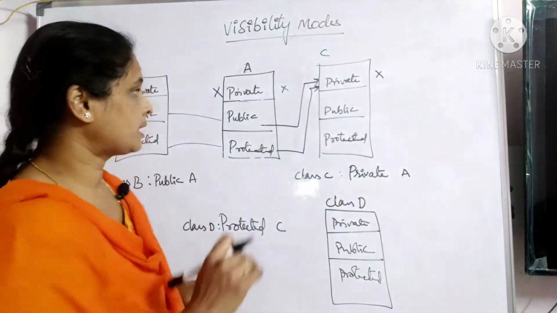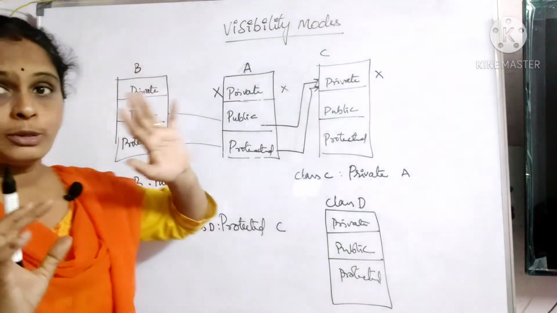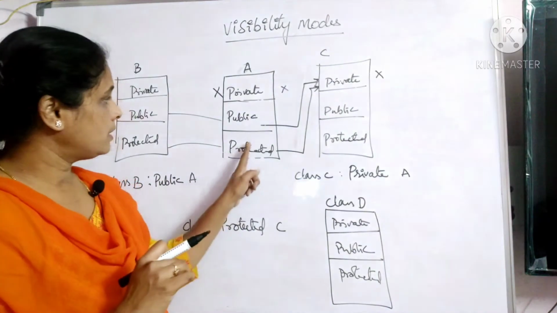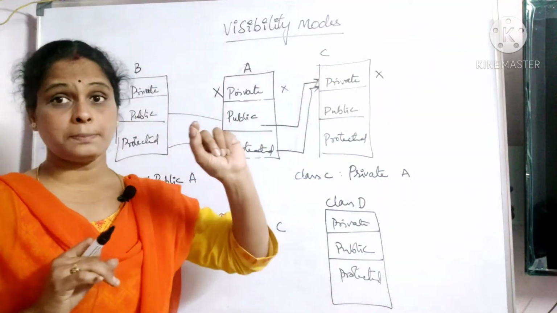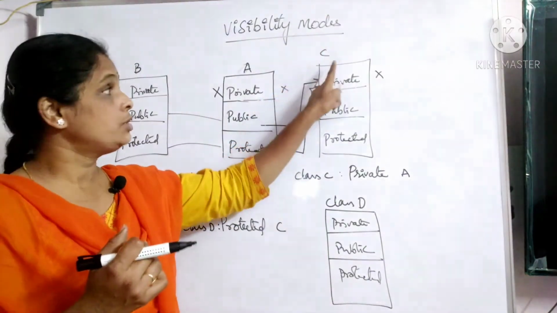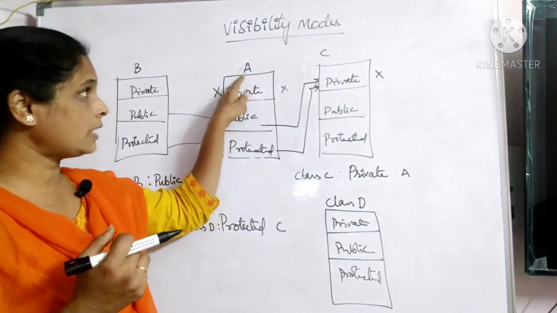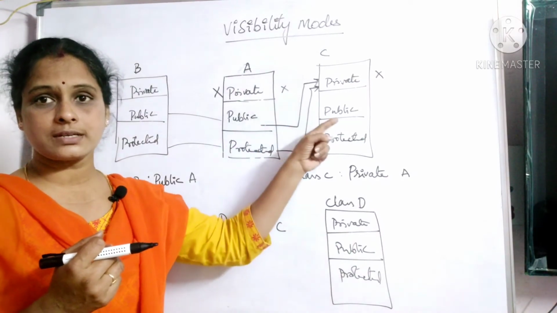That is clear. That means class A has put a restriction: if inheritance is done in private mode, only C can use it. You can't give my qualities to somebody else. A can't give these qualities to somebody else. That is how it is restricted.